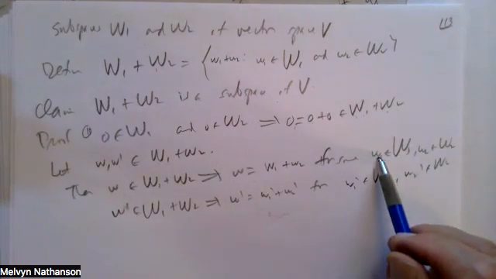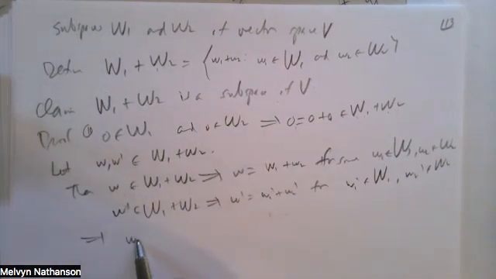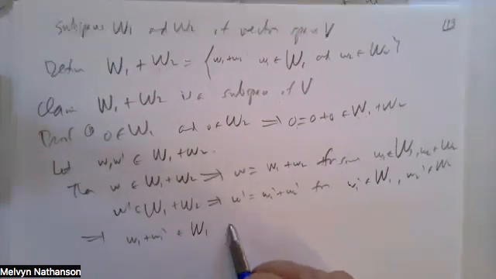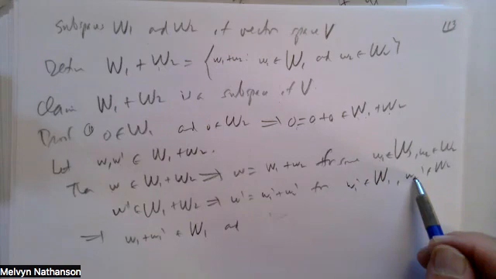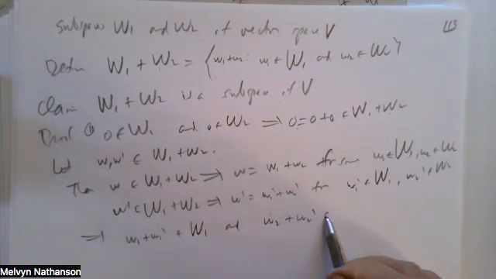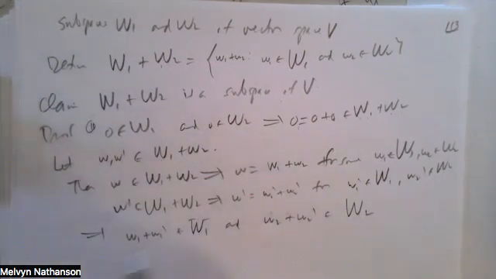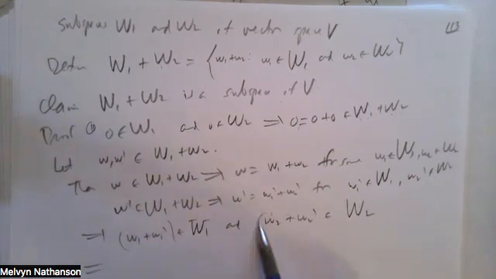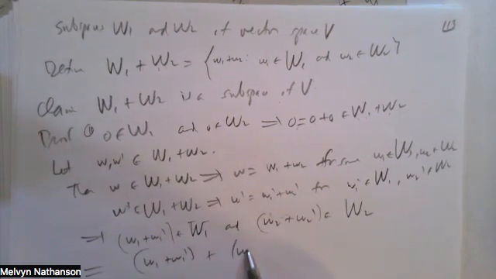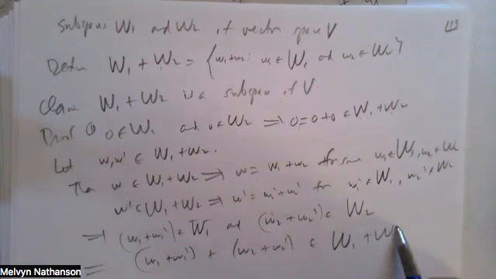But if w1 and w1 prime are both in W1, then w1 plus w1 prime is in W1. And if w2 and w2 prime are in the subspace W2, w2 plus w2 prime is in W2 also. Which means if I add these two vectors, w1 plus w1 prime plus w2 plus w2 prime, that's in W1 plus W2.